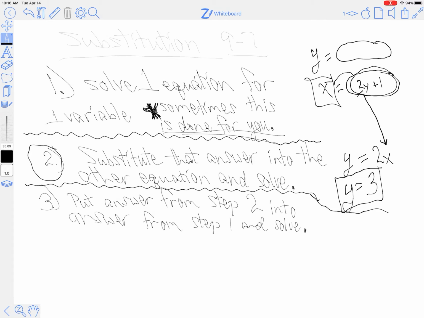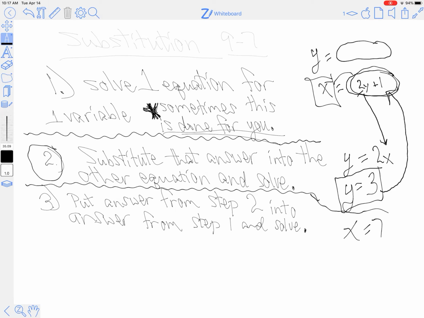Now step 3 says put that answer from step 2 into the answer from step 1. So now that I've circled these two, it kind of says, hey, take that one, put it into there. I do the math. 2 times 3 is 6, plus 1 is 7. X equals 7. So I have found the two answers.